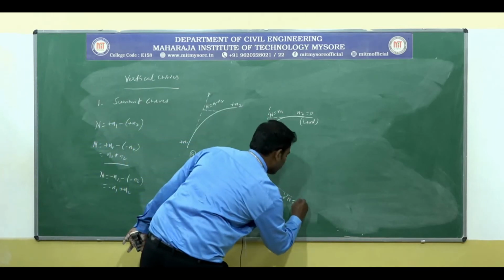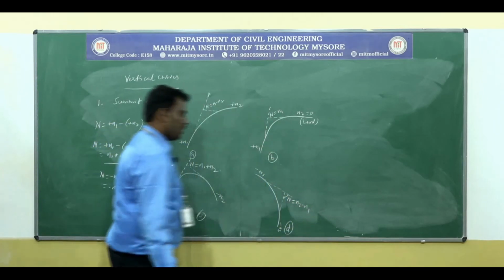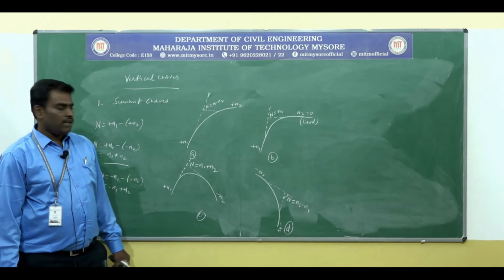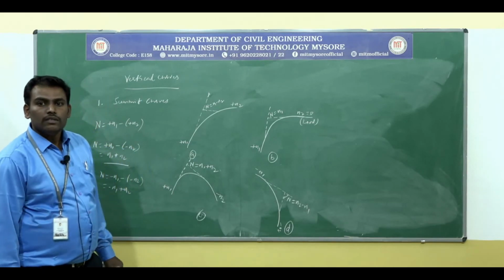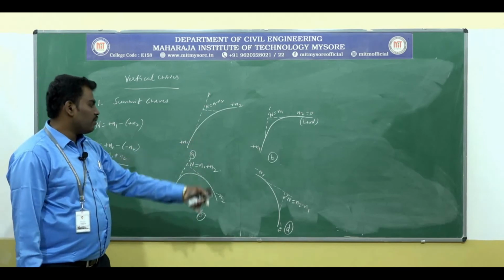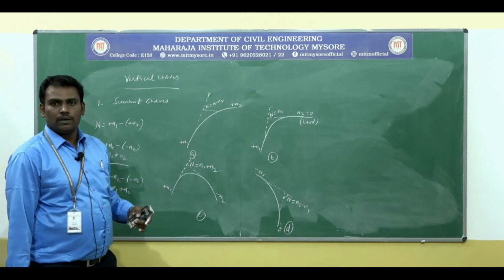This becomes n2 minus n1. For the fourth case, the deviation angle is equal to n2 minus n1. This is regarding the 4 different cases of the summit curve.